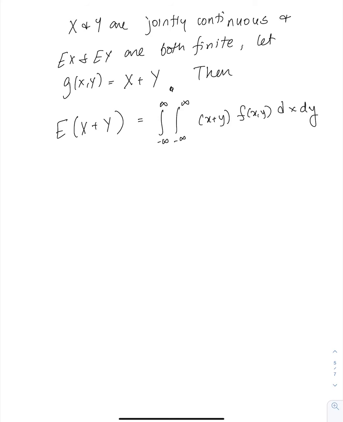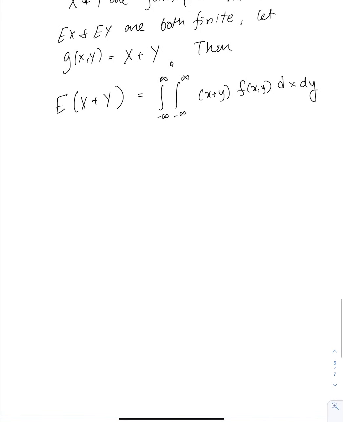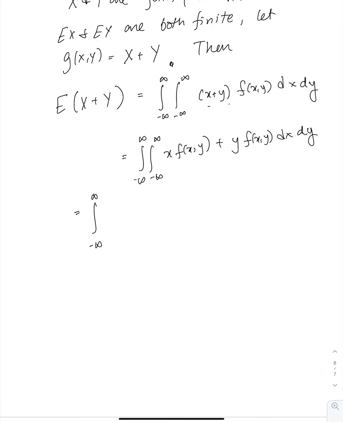Okay, it doesn't matter. All right, and this is a sum, so you can split this up and now let's write this down as two separate integrals.